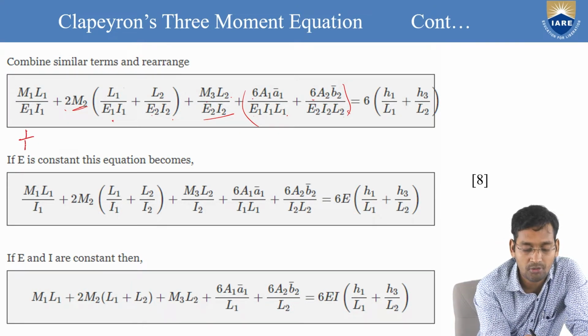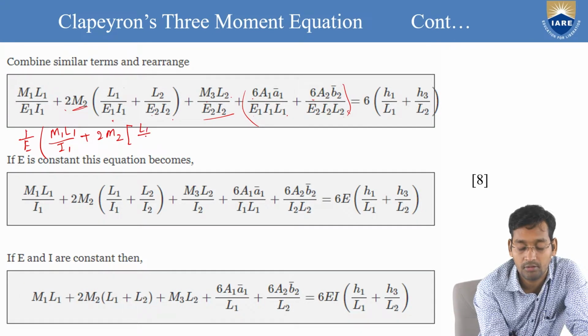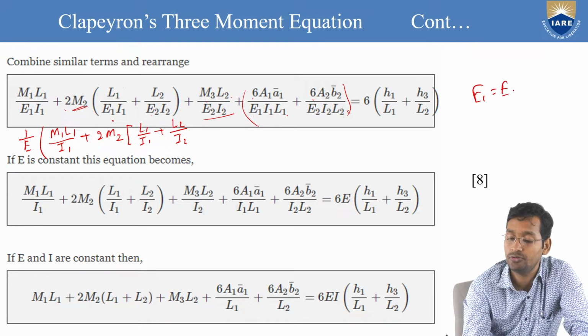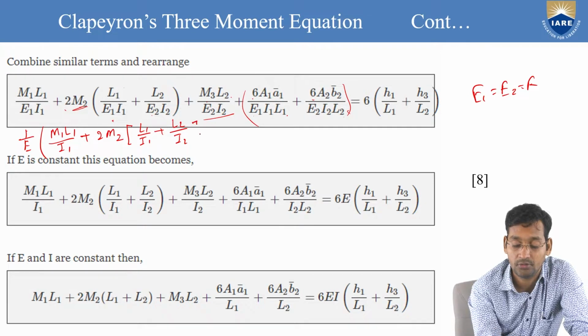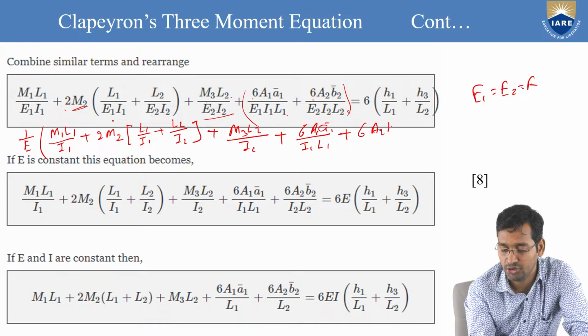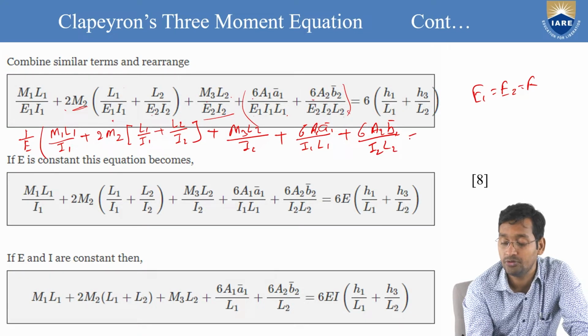So M1 L1 by I1 plus 2M2 into L1 by I1 plus L2 by I2, plus M3 L2 by I2, plus 6 A1 a1 bar by I1 L1, plus 6 A2 B2 bar by I2 L2, equal to 6E times H1 by L1 plus H3 by L2, since E1 equals E2 equals E.